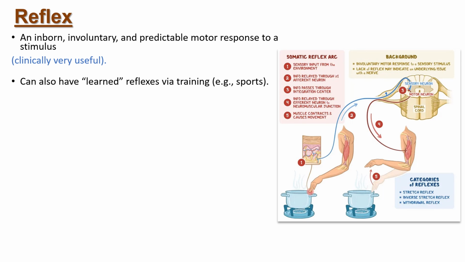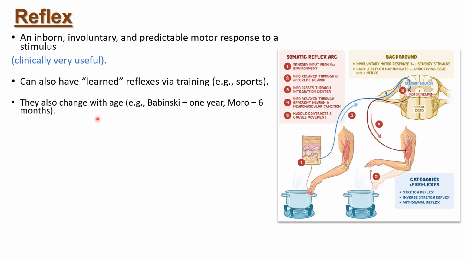A student jumped out from somewhere in a dark hallway to try to scare the group that he was in. And he said it was all he could do to not turn around and just strike him like a boxer, just literally clock him. And that's a learned reflex. That can be learned through training. It can also be learned through behavioral issues or lifestyle or circumstances and so forth.